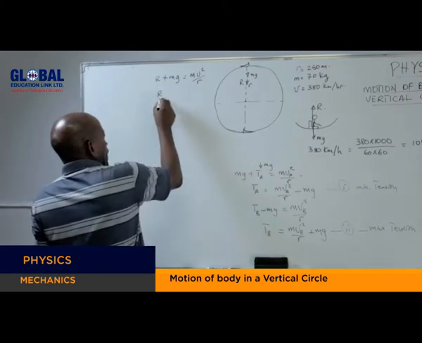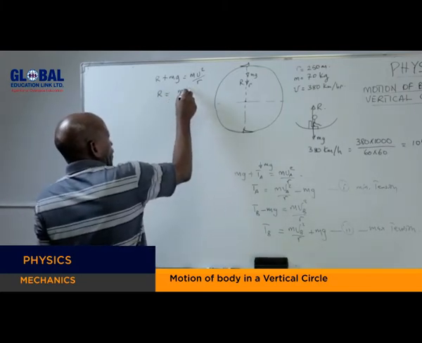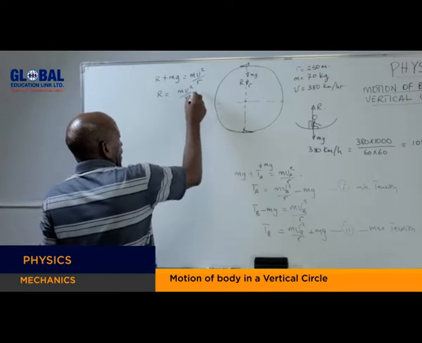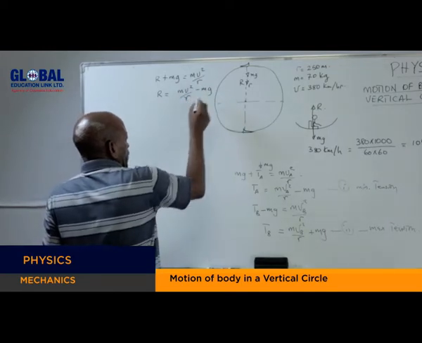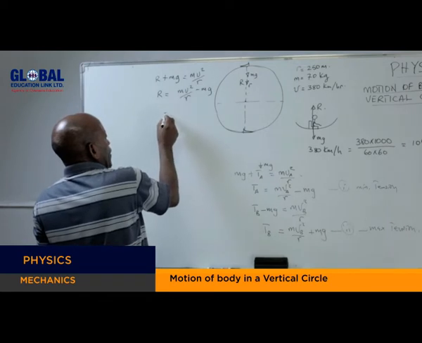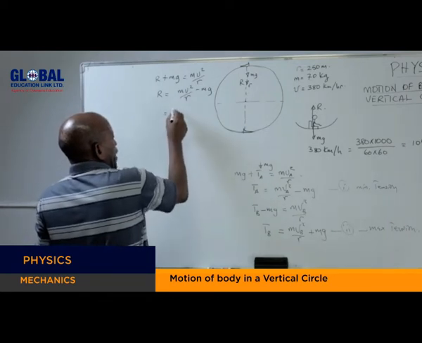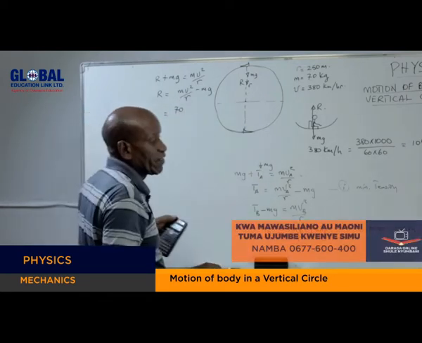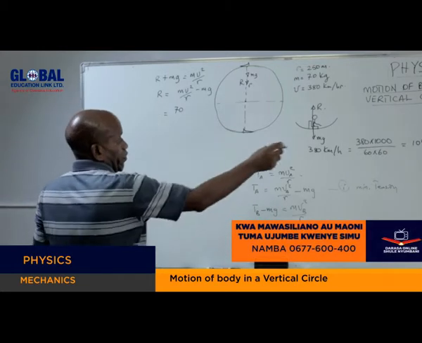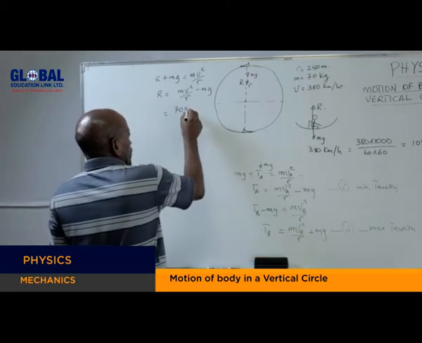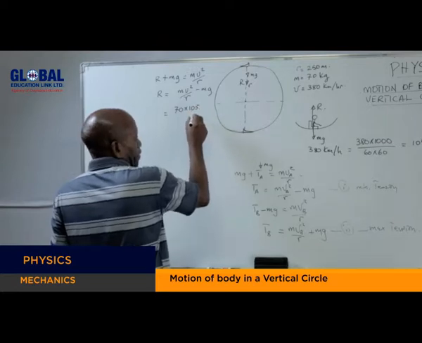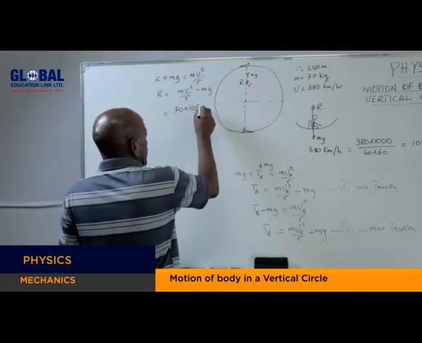So the reaction R will just be equal to mv squared over R minus mg. If you compute here, the mass of this pilot is 70 kilograms, and the velocity we have already converted is 105.56.